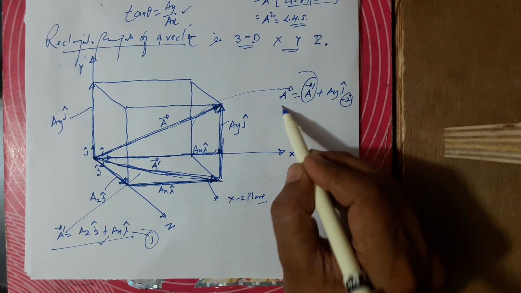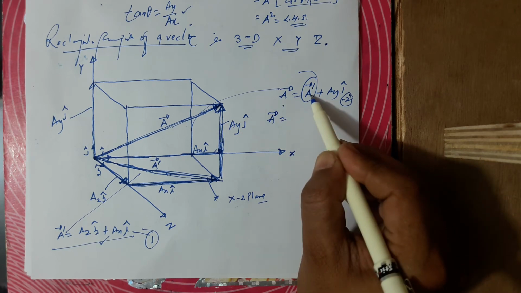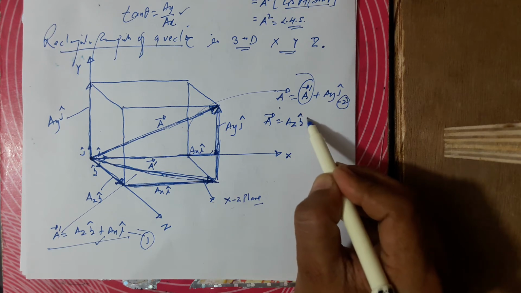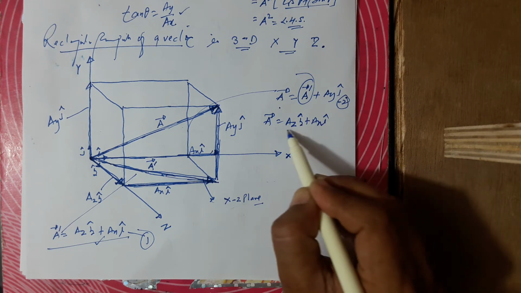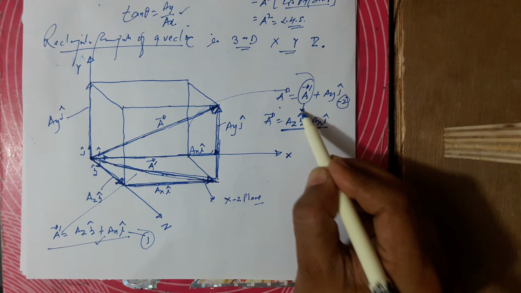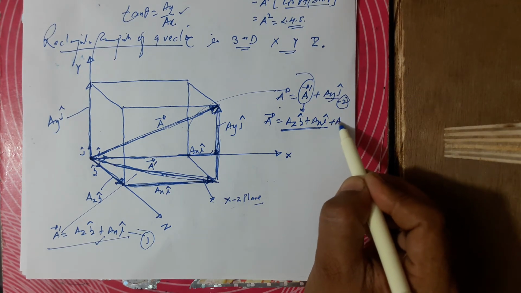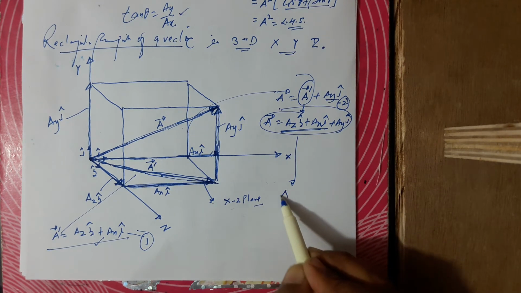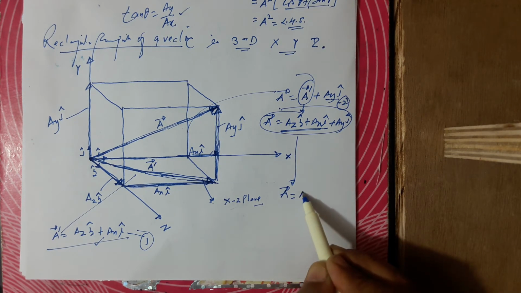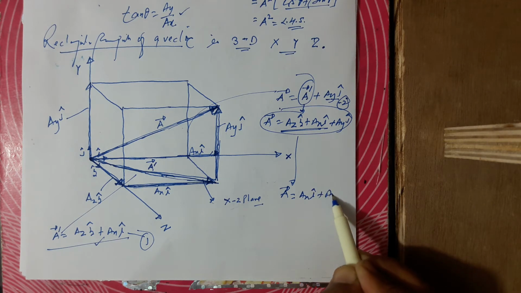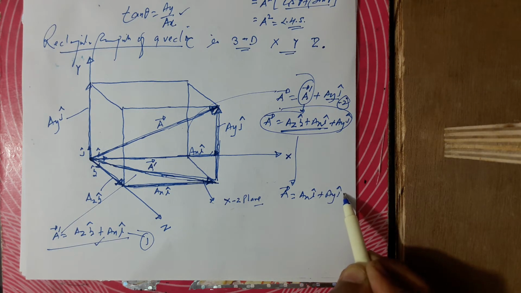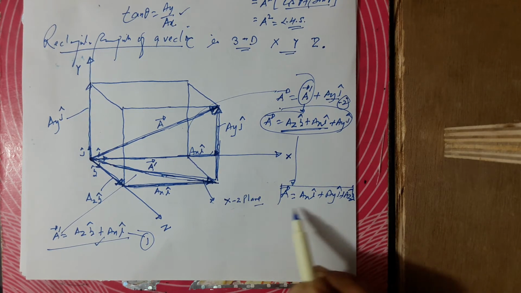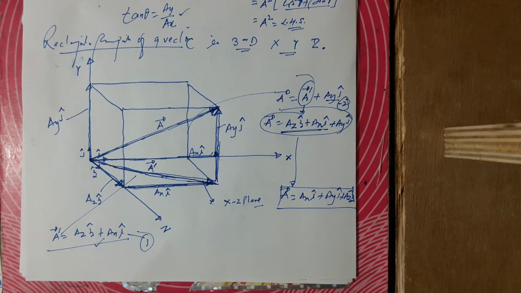You can apply this equation in second. I am writing, vector A equal to, this a dash vector is az k cap plus ax i cap. This is your a dash, and plus this ay j cap. If you finalize, you can write ax i cap, ay j cap, and az k cap. Very simple.